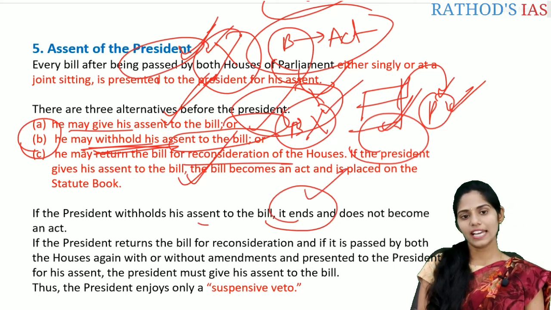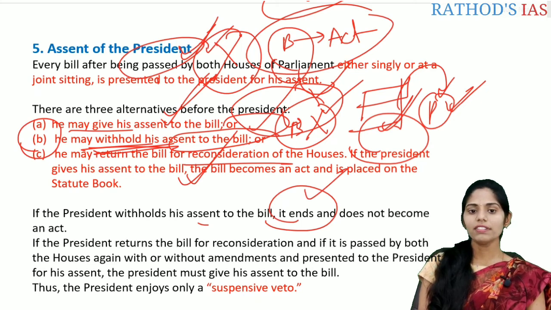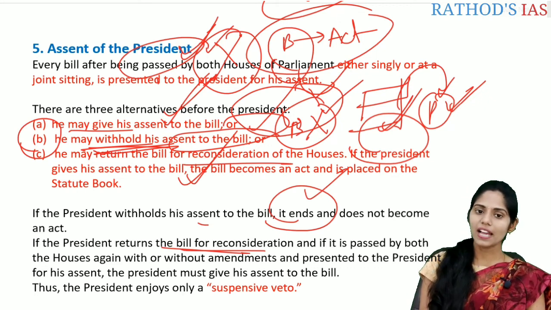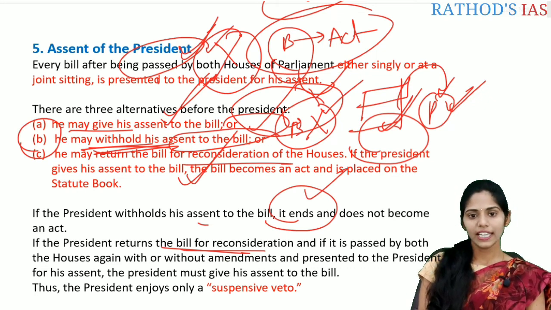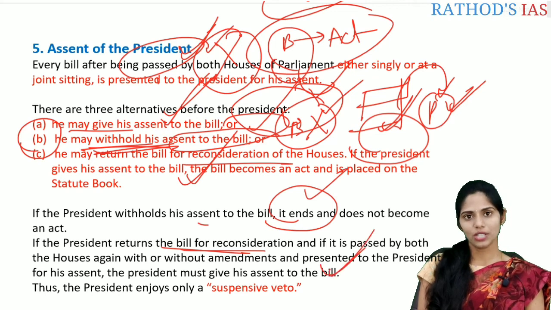The bill dies. If the President returns the bill for reconsideration, and the House passes the bill again with or without the amendments and presents it again before the President for assent, then he must give assent to that bill.